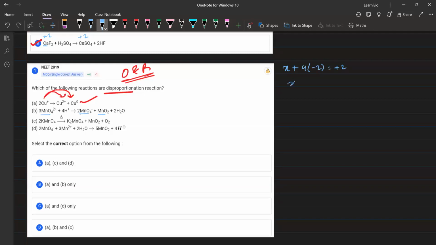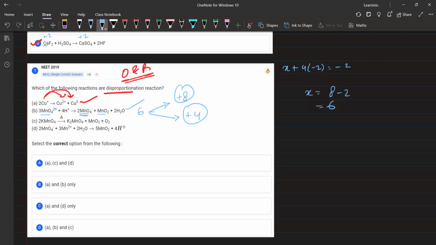So X minus 8 equals minus 2, X is... this converts to minus here. A plus oxidation state is not possible; manganese does not have that many electrons to lose. So X will be equal to plus 8 minus 2, that is equal to 6. In MnO4 it is not. In MnO4 it is going to be plus 8, and in MnO2 it is going to be plus 4, right? So this is also oxidation and reduction.